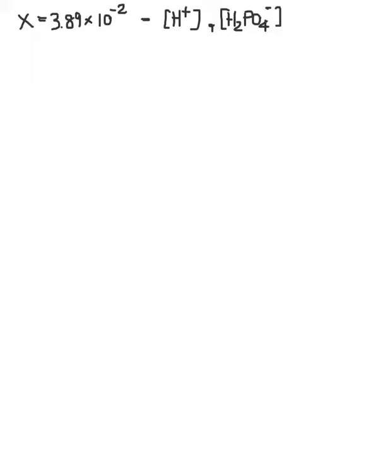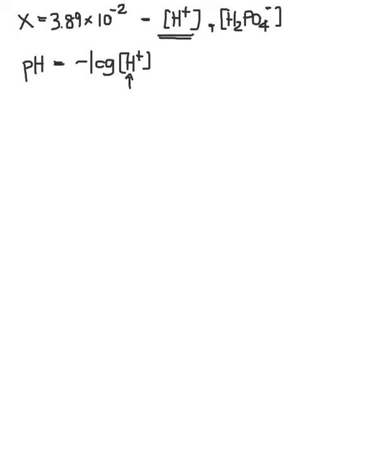To calculate the pH, you have two options here. Since we know the amount of proton dissociated from H3PO4, you can calculate the pH using the equation pH equals minus log proton, and plug in this amount of proton directly.